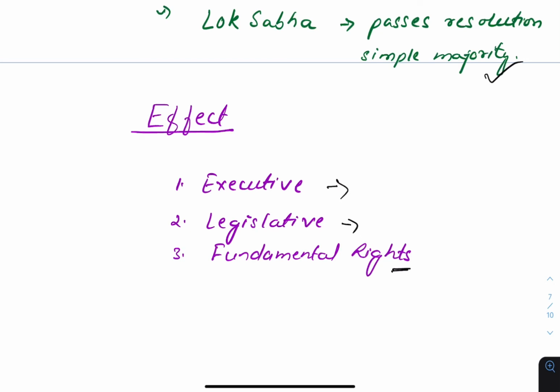Fundamental rights. As we learned in the chapter on fundamental rights, when there is national emergency, the 6 fundamental rights under Article 19 are automatically suspended. However, they can be suspended only when the national emergency is declared on the grounds of external aggression, and this was included by the 44th Constitutional Amendment.